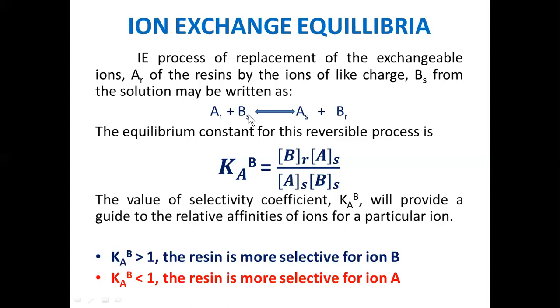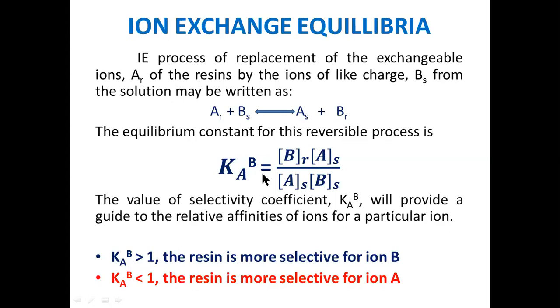The species from the solution passes through the ion exchange resin. The species S present in the solution is exchanged in place of R, because R is an ion that has the ability to get exchanged. S is going to be exchanged by R, and R by S. So AS plus BR is going to be formed.